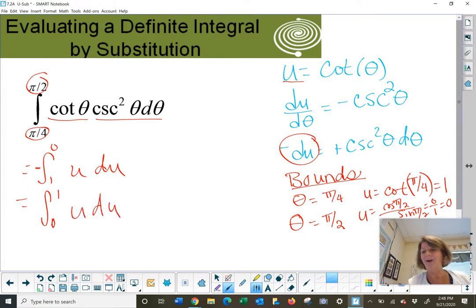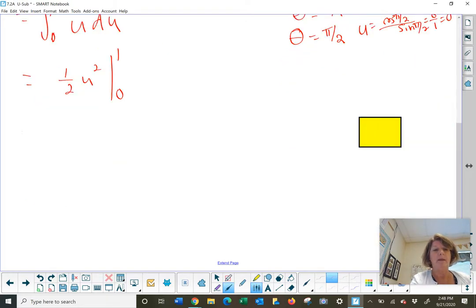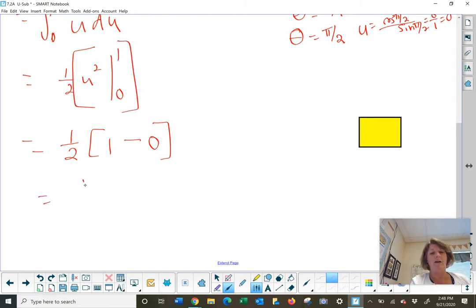Oh, I like the integral. That becomes a 1/2 u squared evaluated from 0 to 1. Throwing in 1, I'd have 1/2 of 1 minus, throw in 0. I kept the 1/2 way out front, so I kind of did this number. And looks like our final answer is 1/2.